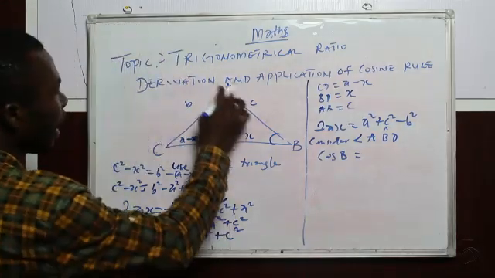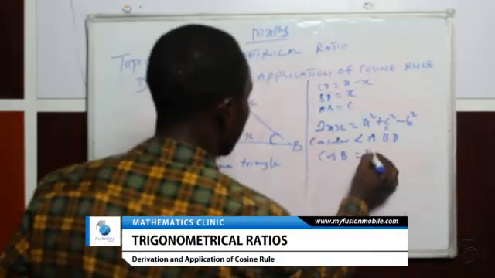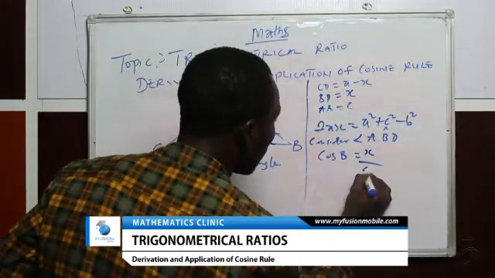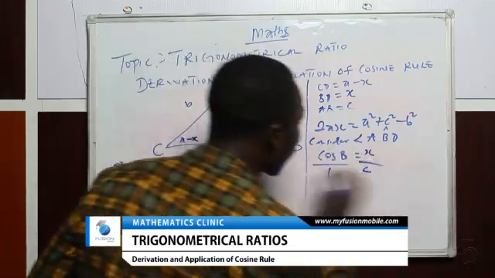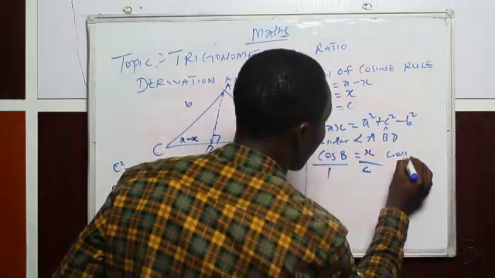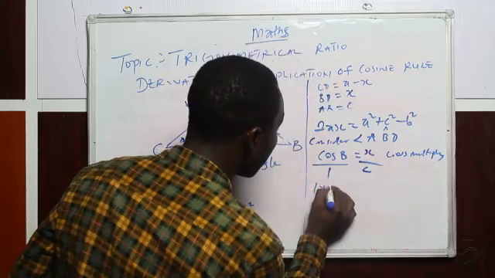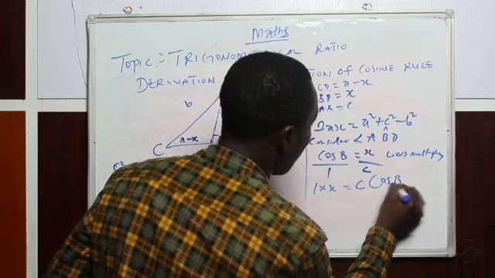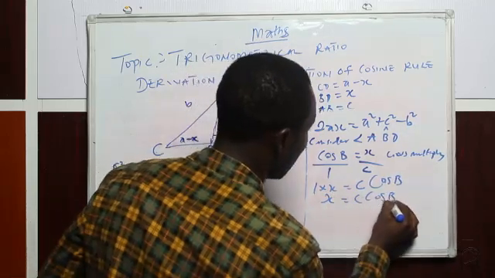When we consider ABD, our adjacent is x and our hypotenuse is small letter c. Make it uniform: this one is over 1. Then cross multiply. That is 1 times x is equal to c cos b. So x is equal to c cos b.